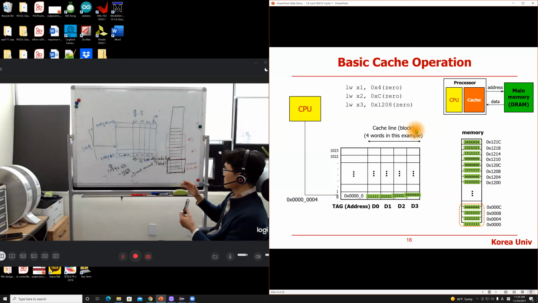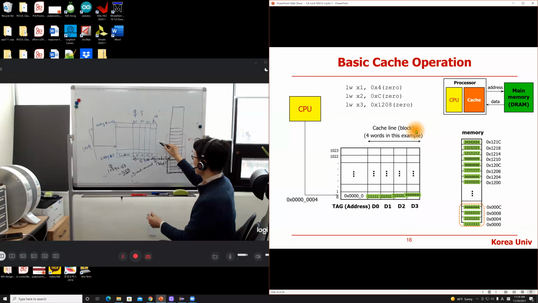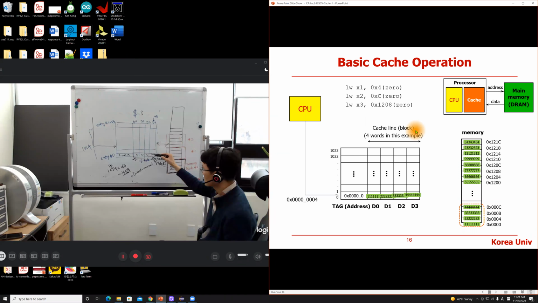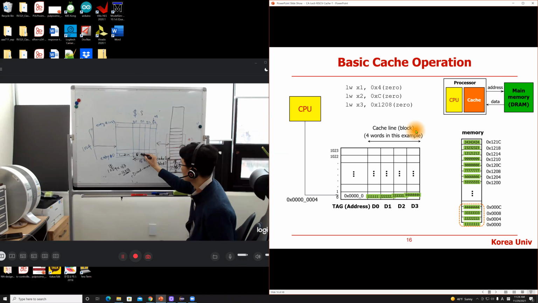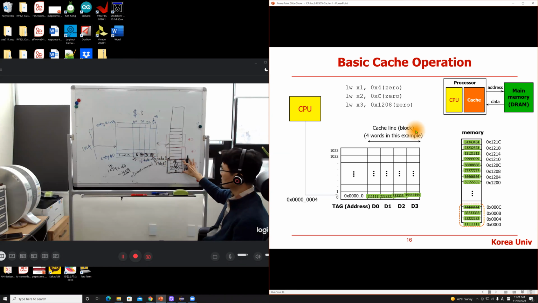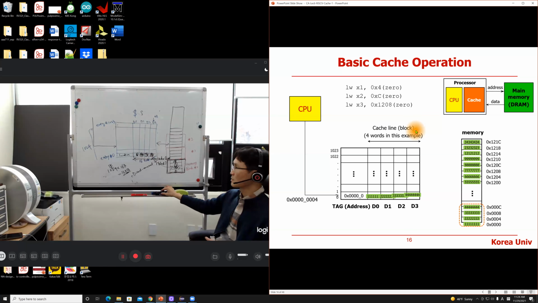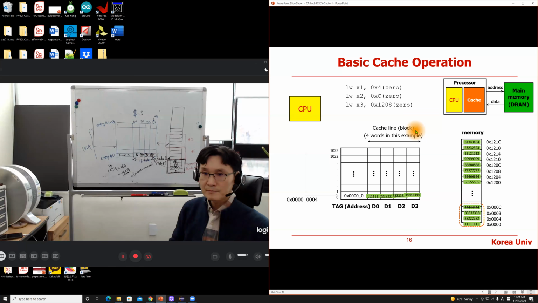So in other words, data transfer between these two is done by that memory block. You are not just placing the requested one into the cache. You are placing this whole memory block, 1, 2, 3, 4, into the cache entry.